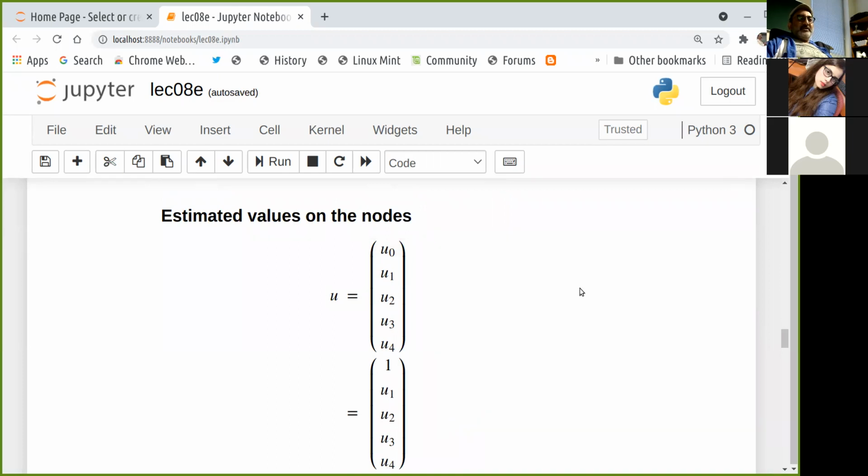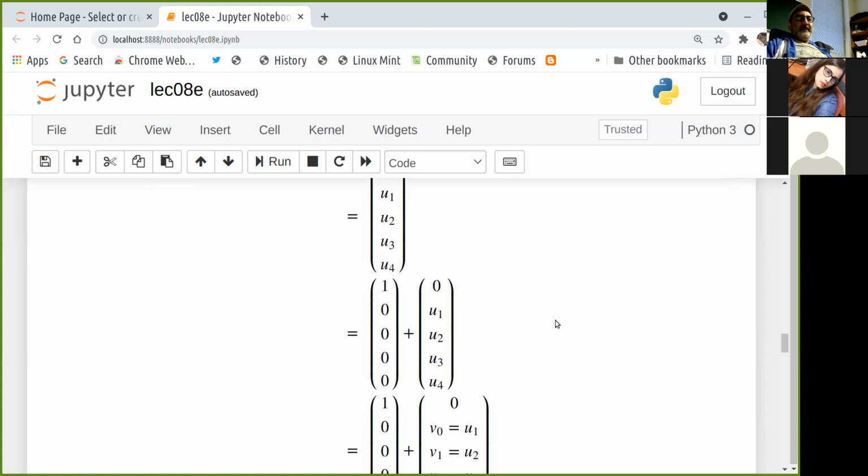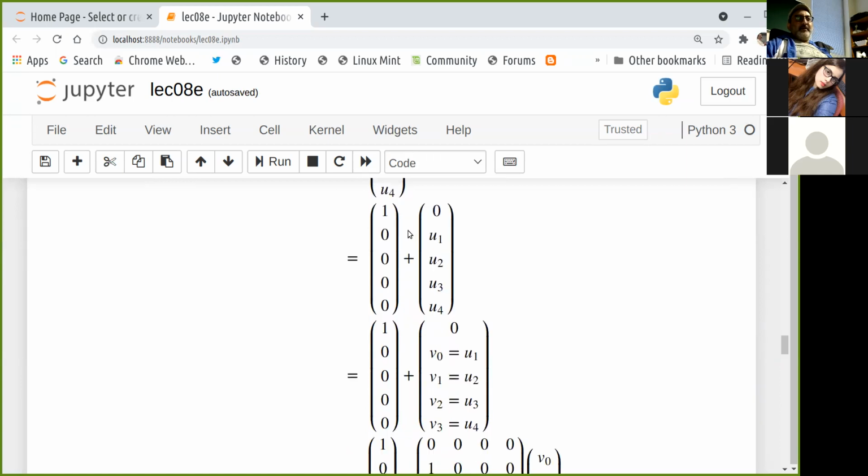So let's take 1 and the rest zeros as a constant vector, plus a vector that is 0 and then the values u1 up to u n minus 1. Now let's call those values that are not fixed, that we don't know, v0, v1, v2, v3.